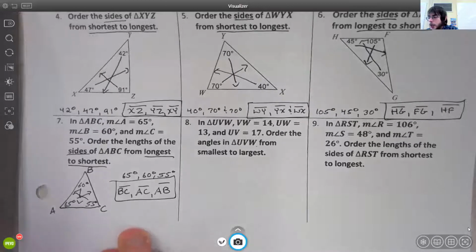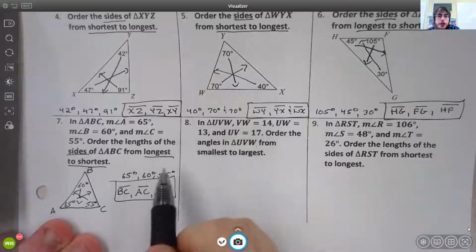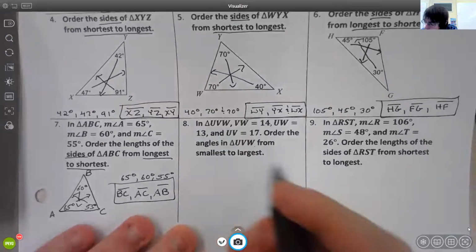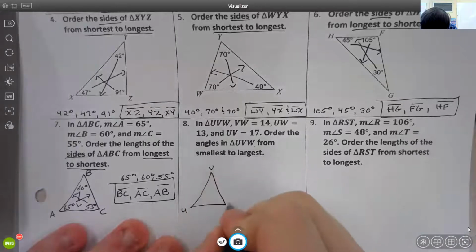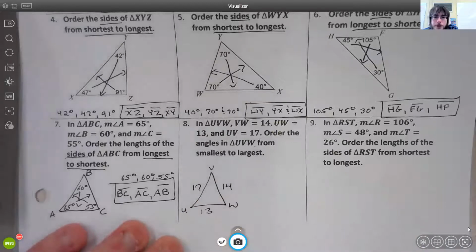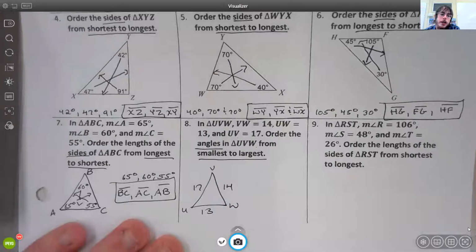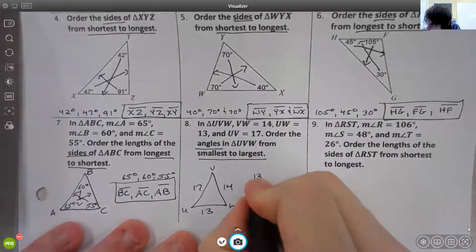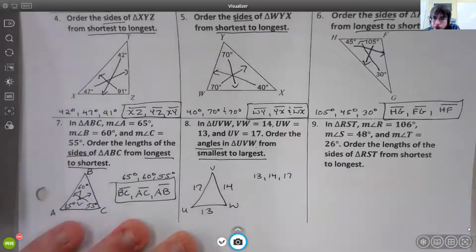Number 8, in triangle UVW, VW equals 14, UW equals 13, and UV equals 17. So again, I'm going to draw my triangle. UVW, it said VW is 14, UW is 13, and UV is 17. Then it wants me to label the angles from smallest to largest, so you're going to have to order your sides. The smallest side is 13. The next one is 14, and the largest is 17.